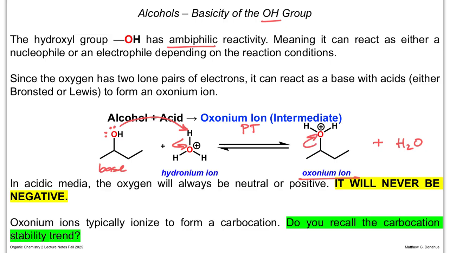So if we take the electrons in that bond, we put them onto the oxygen, that produces water, which is a stable neutral molecule. And then notice what happens. That plus charge has to migrate from O to the carbon where it left from. And so that was the basis for the SN1 and E1 reactions we learned last semester.